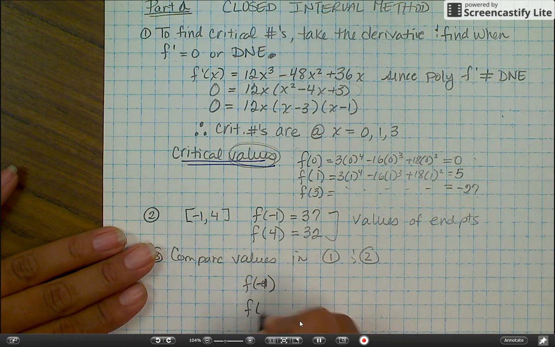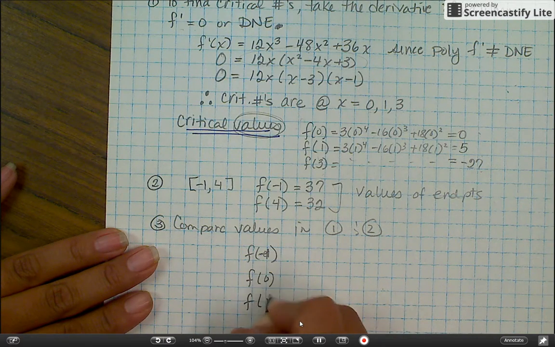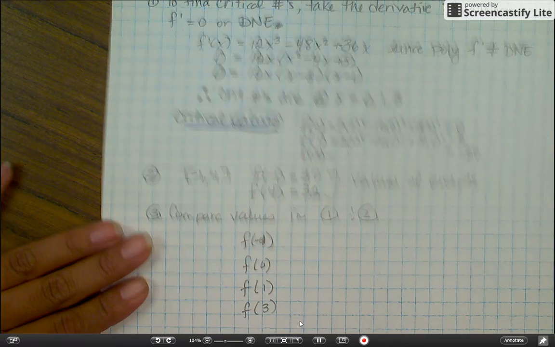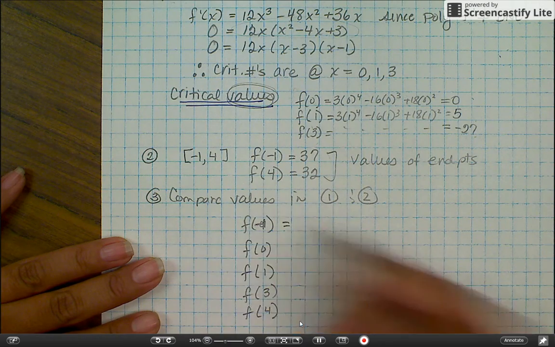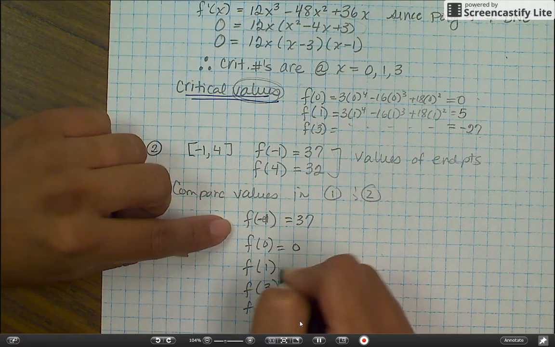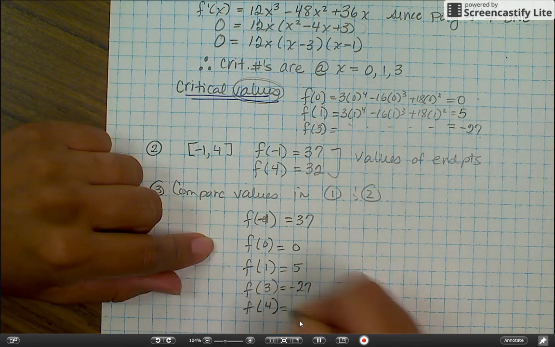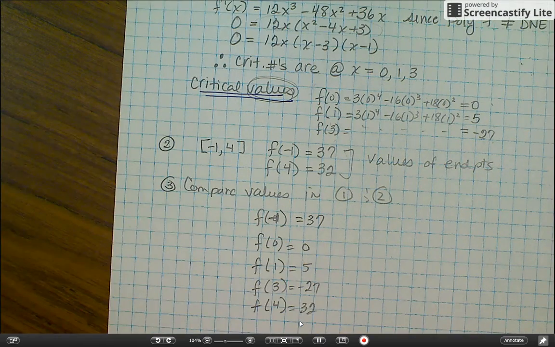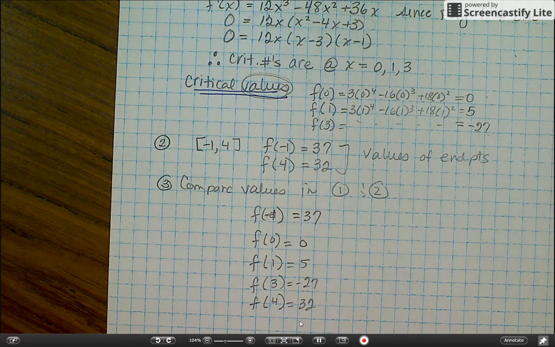Then f of 0, then f of 1, then f of 3, and the last one would be f of 4. So f of -1 is 37. f of 0 is 0. This is 5. This is -27. And this is 32.